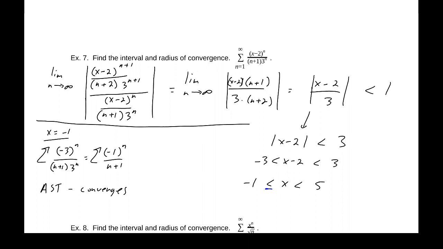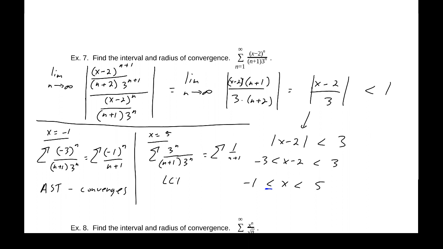Now what if x equals 5? This would be the sum of 3^n over (n+1) times 3^n, or equivalently 1 over n+1.